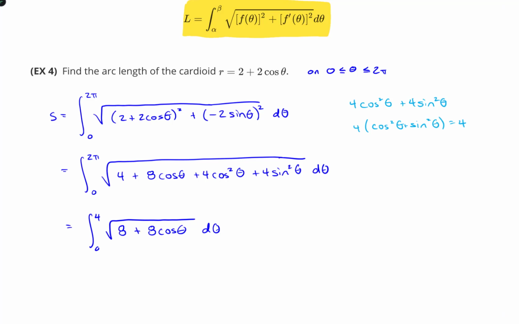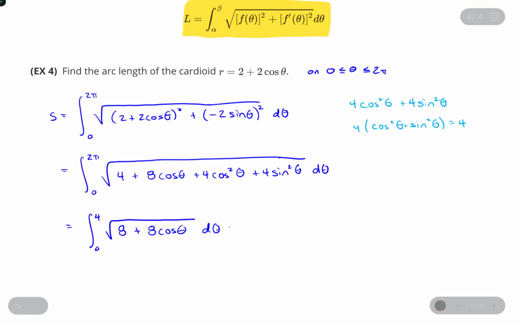So 8 is a constant, and we can always pull constants out from underneath a radical. Whether or not it's a perfect square doesn't really matter. It's still a constant, and it can be pulled out. But that would leave me a 1 plus cosine theta underneath there.